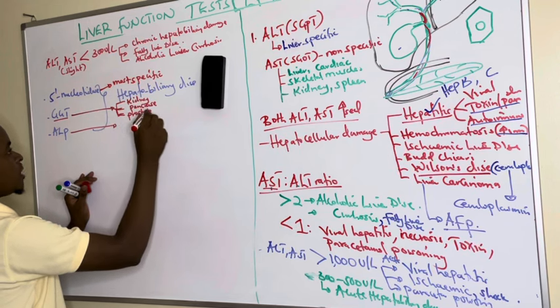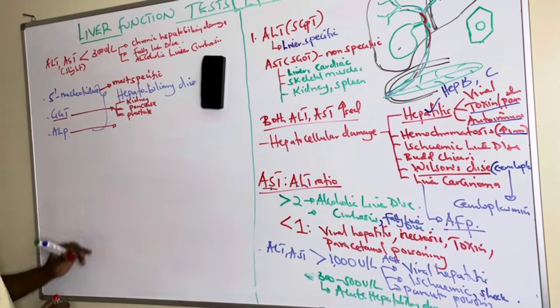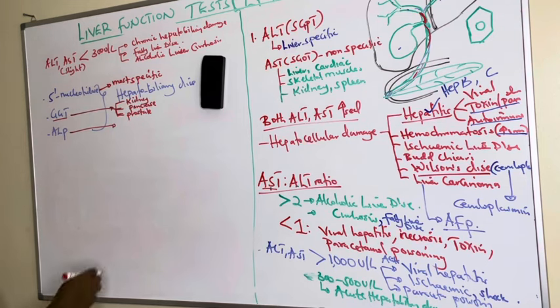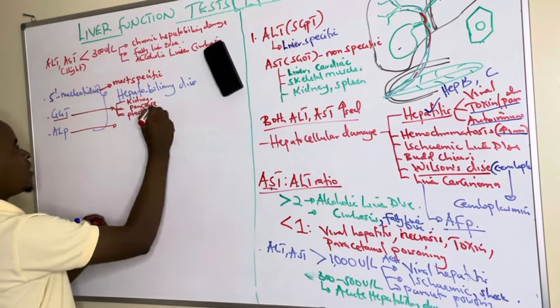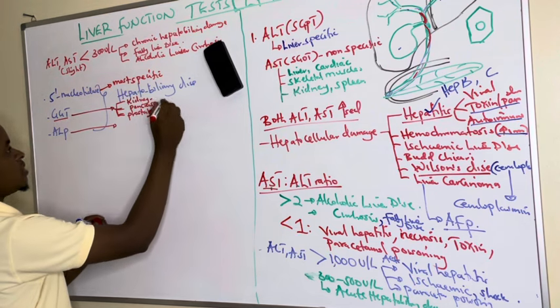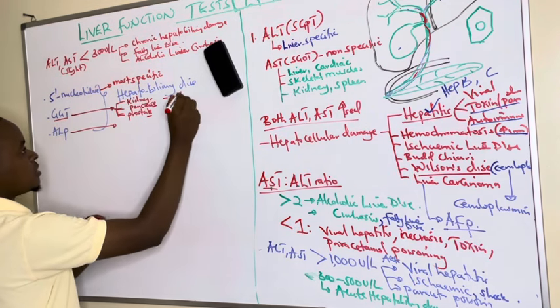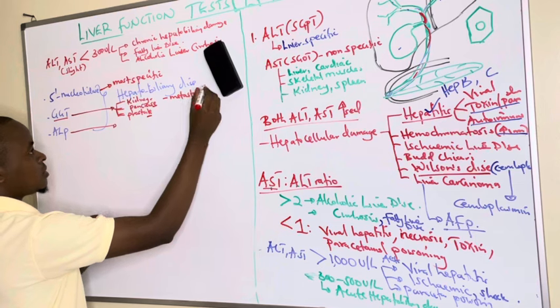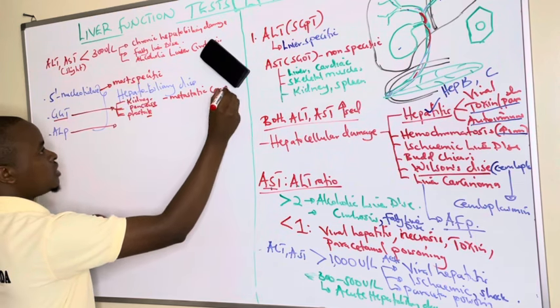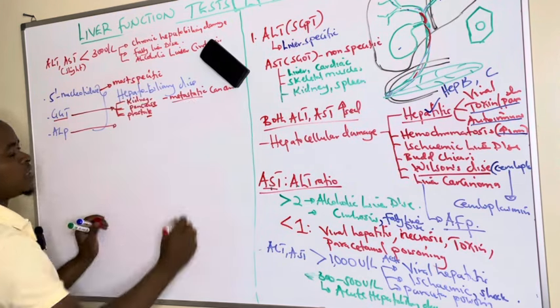So people with prostate cancer can also have GGT elevated. So we have seen renal failure, pancreatitis, prostate cancer, sometimes metastatic cancers. In metastatic cancer, we see GGT is the first enzyme to be elevated.